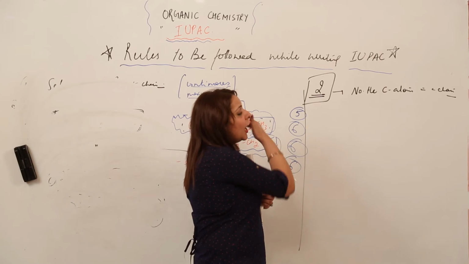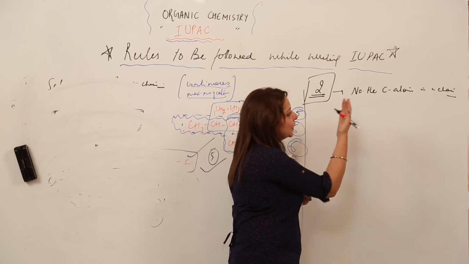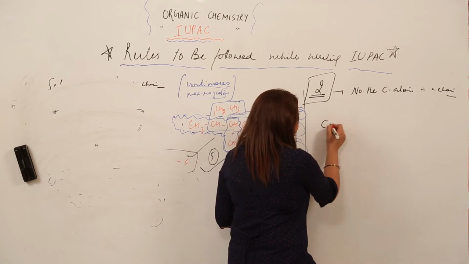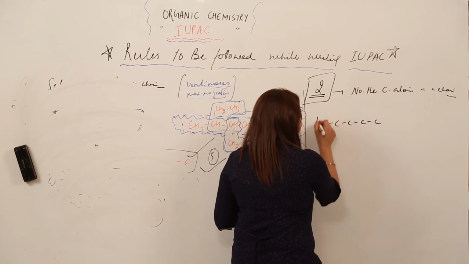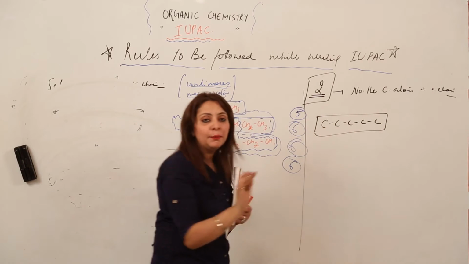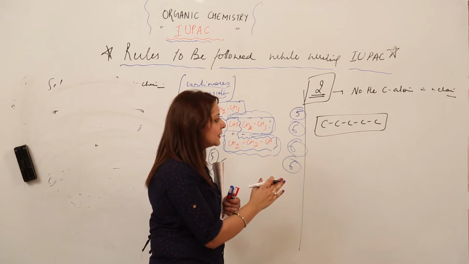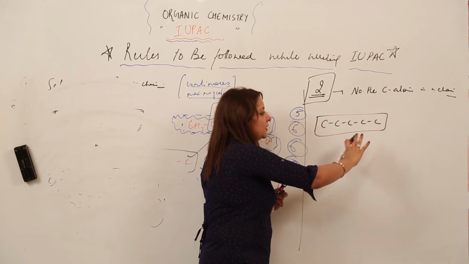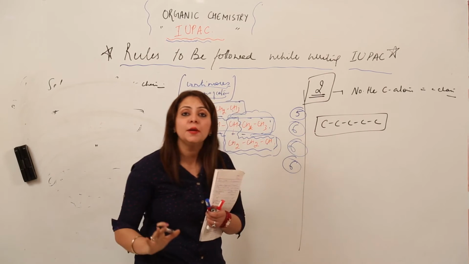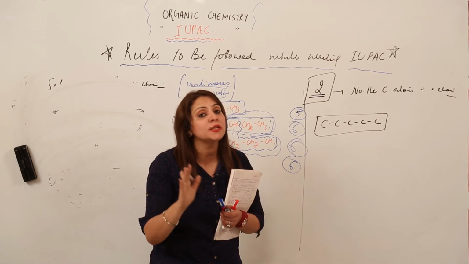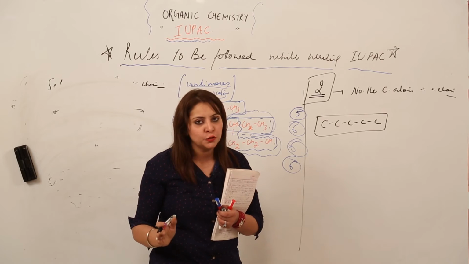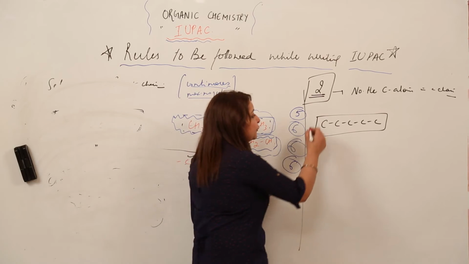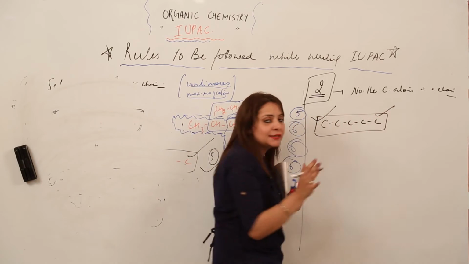So how do you number? Suppose I explain this rule with an example. If we got the parent chain of this, what do you get to see in this? We get to see nothing, there are no substituents, right. Everything in the organic compound is included in the parent chain. That means it has no substituents, so no prefix is going to be there, right. So whether you number it from this side or this side doesn't make a difference.